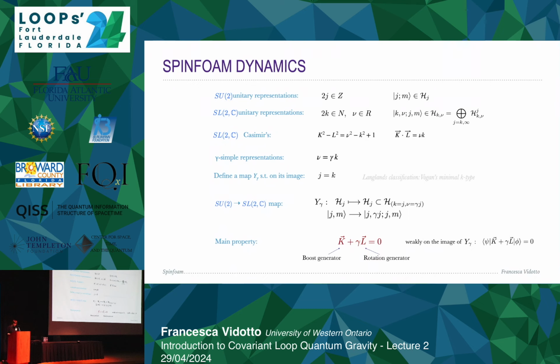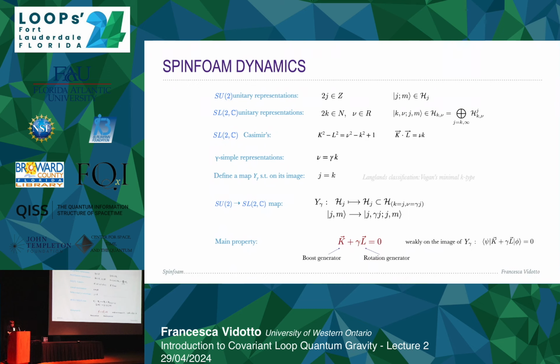So now I write my states in a way in which, so these two numbers are labeling my SL2C states, but I can decompose these states in a base such that this is labeled by SU2 representations, labeled by the spin J. So this is what I am doing in this second line.